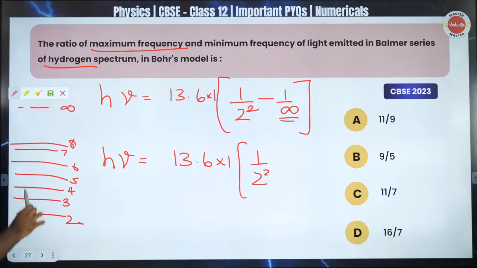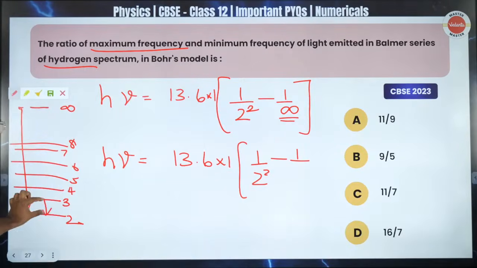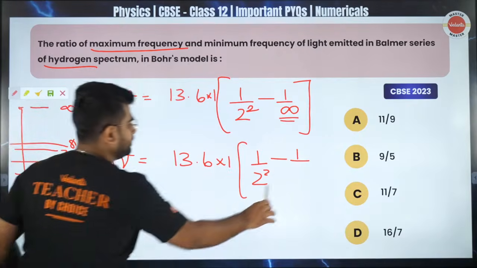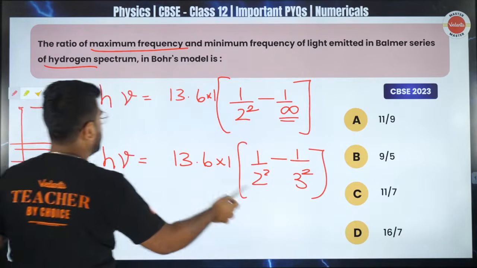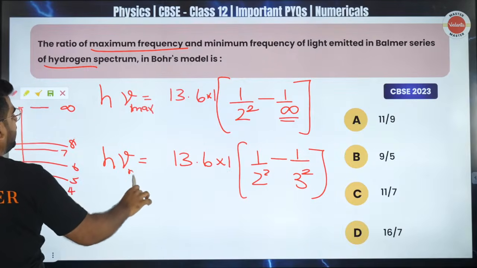So from here you can come here, or from second you can come here. So this is going to have the maximum energy. Got it? I hope all of you are clear. Minus 1 by, this is going to be minimum. So 1 by 2 square minus 1 by 3 square. Now this is frequency maximum, this is frequency minimum.